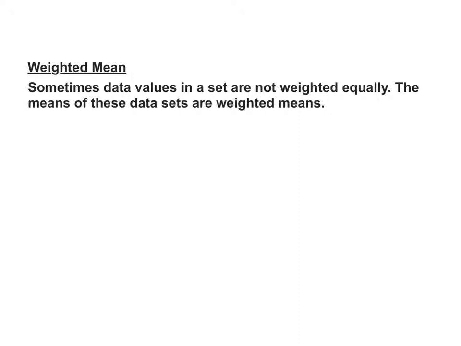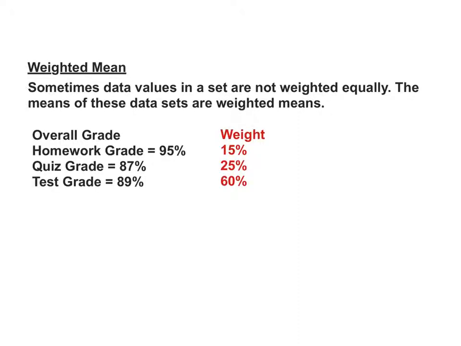The example, like I said, in my class is going to look like this. All right, let's pretend that there's a student, who knows, maybe this is you, that their homework grade is 95%, their quiz grade is 87%, their test grade is 89%, and then there are the weights that my class uses. Okay. So instead of just adding these numbers up and dividing by 3, we can't do that because they don't have equal weight.